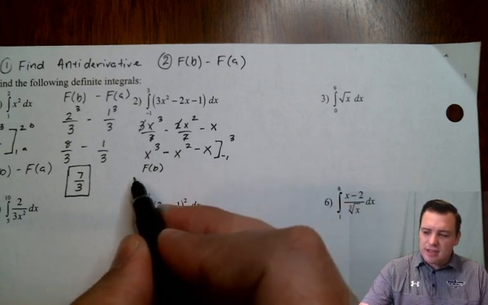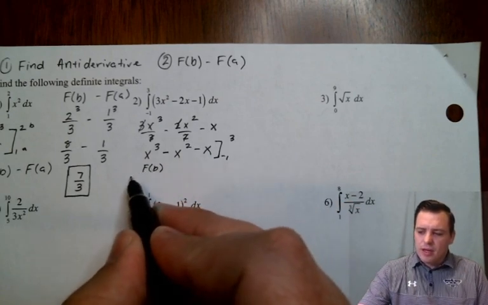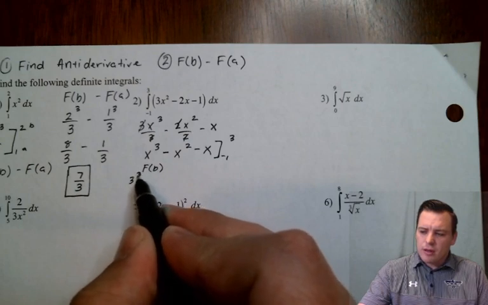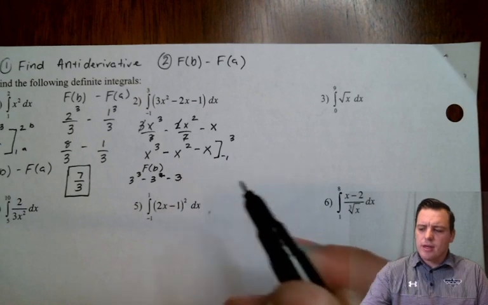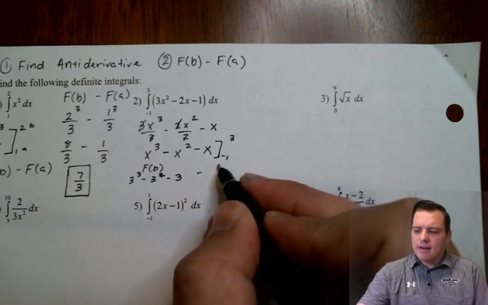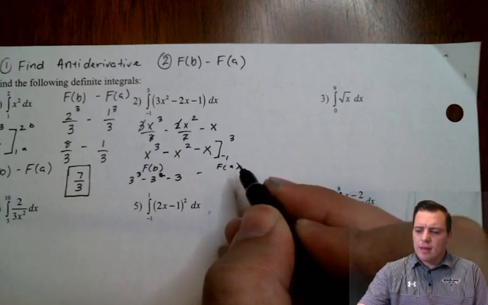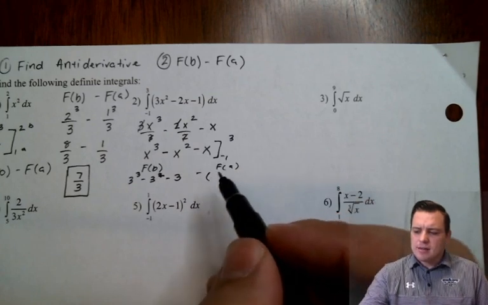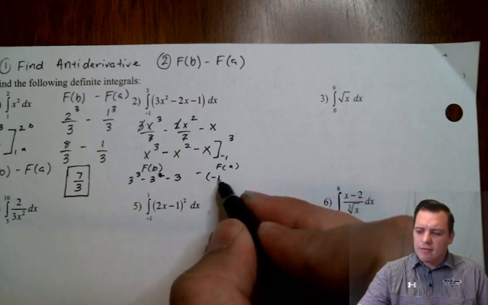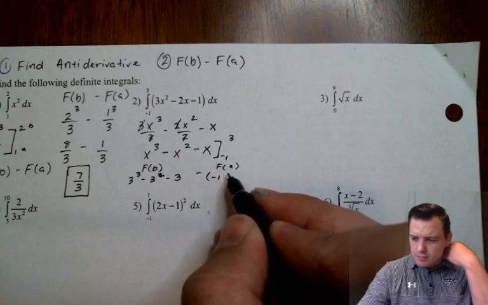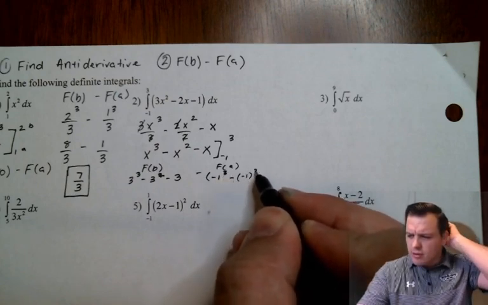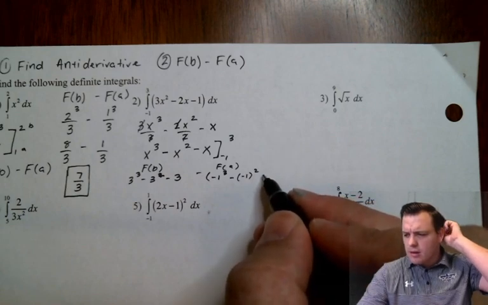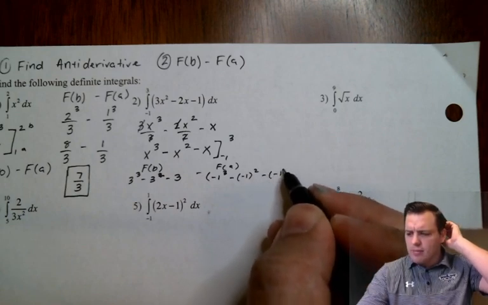We would have to say 3 cubed minus 3 squared minus 3, and then minus f of a, which would be minus the quantity of -1 cubed minus -1 squared minus -1.